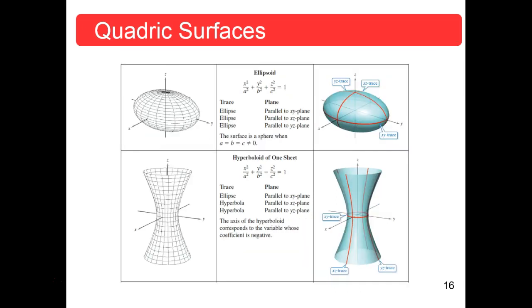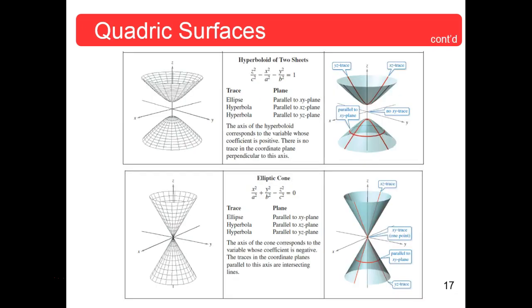You see basically what you're doing: take this thing and stretch it out and stretch it out until you have just one point there. That gives you an elliptic cone, because you've reduced that to 0 right here. And if you made this a -1, that would be a plus and a minus, and now you've made it 2 sheets.